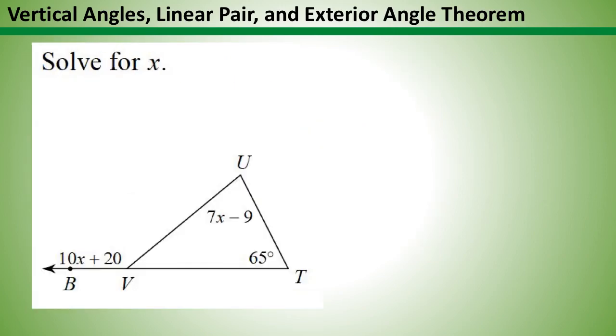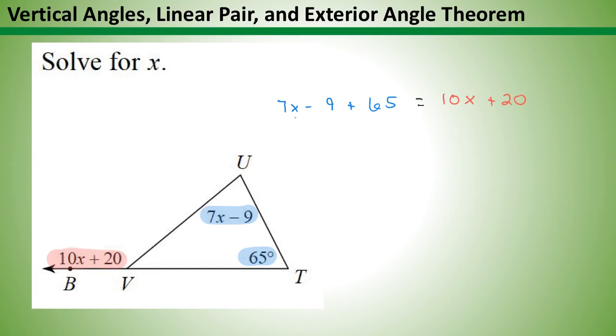Okay, here's another example. Again, the exterior angle right here is equal to the sum of these two remote interior angles. So I can add these two angles together, 7x minus 9 plus 65, and that's equal to my exterior angle 10x plus 20.